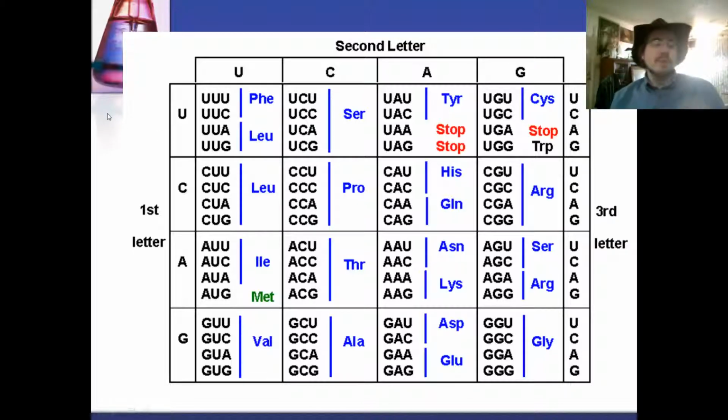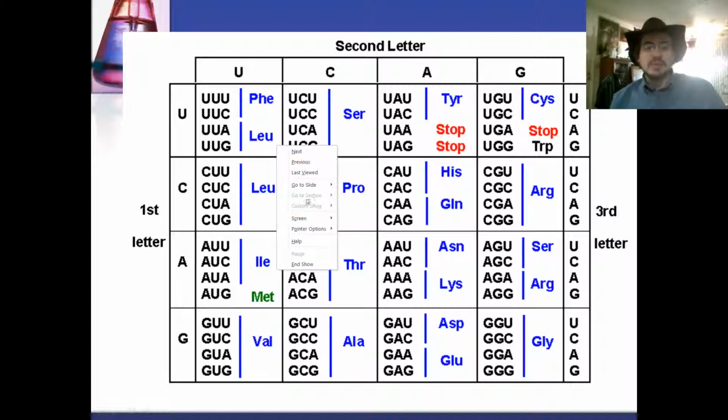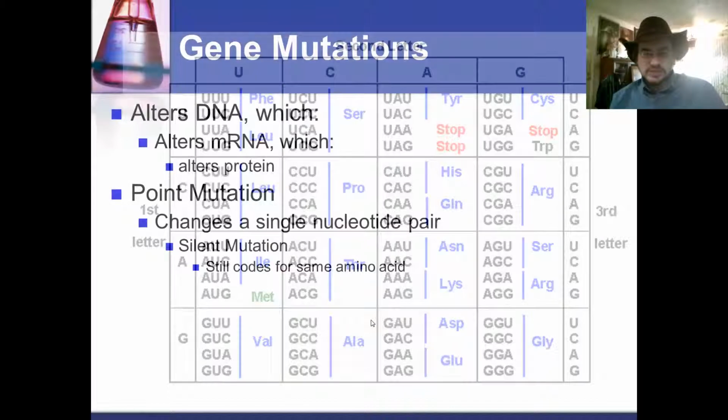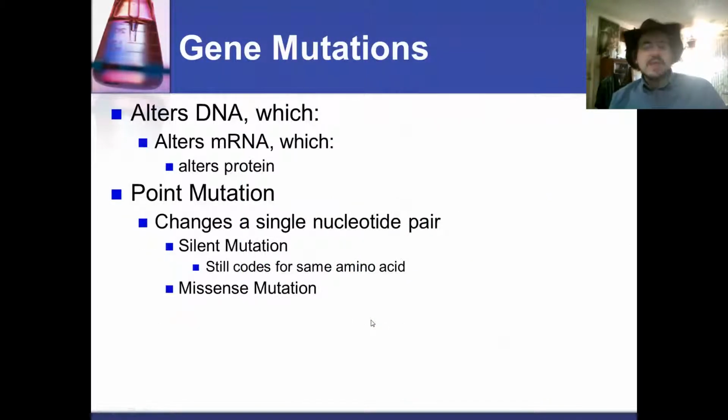But say a point mutation occurs, and instead of AAT, it becomes AAC, which is transcribed into UUG, but both of them still code for leucine. So it's a silent mutation. It doesn't actually cause any kind of changes. Then there's the missense mutation, and that alters the amino acid produced.